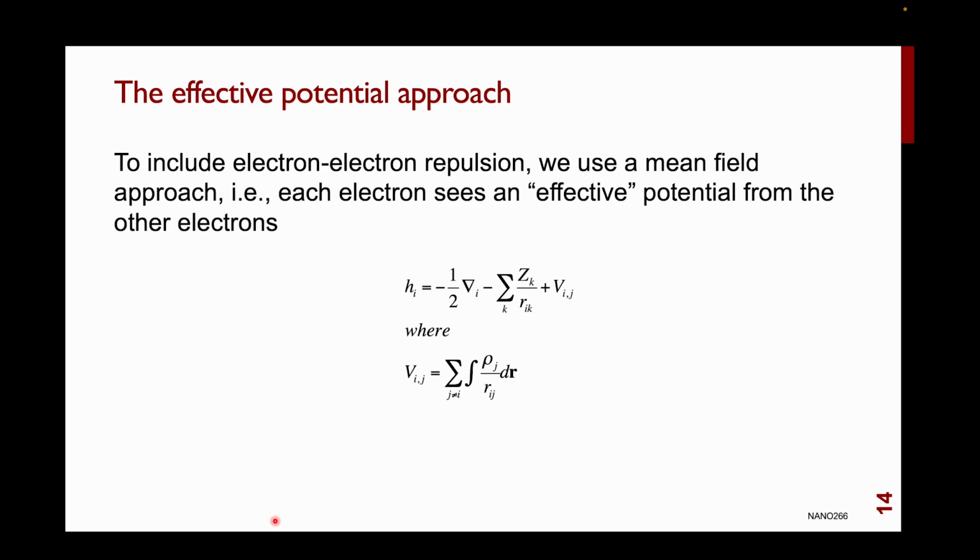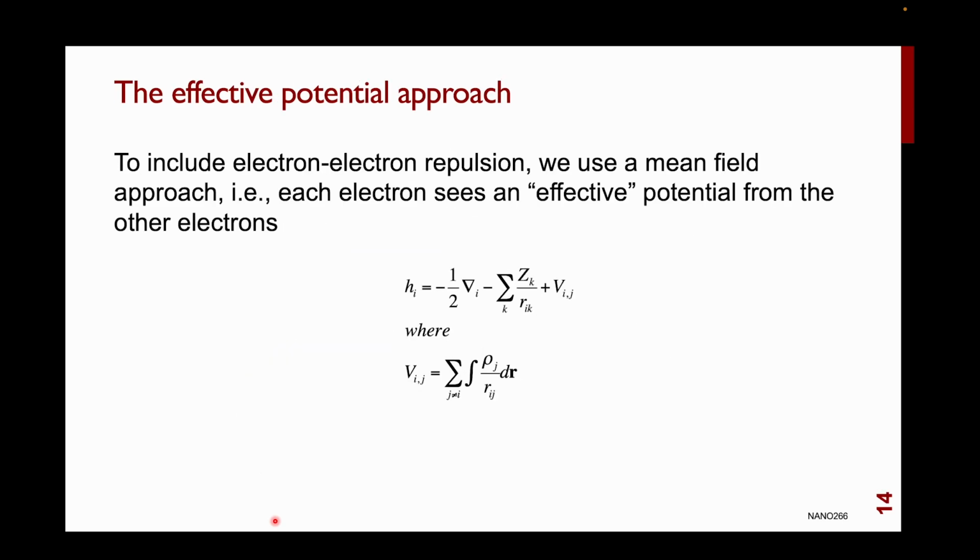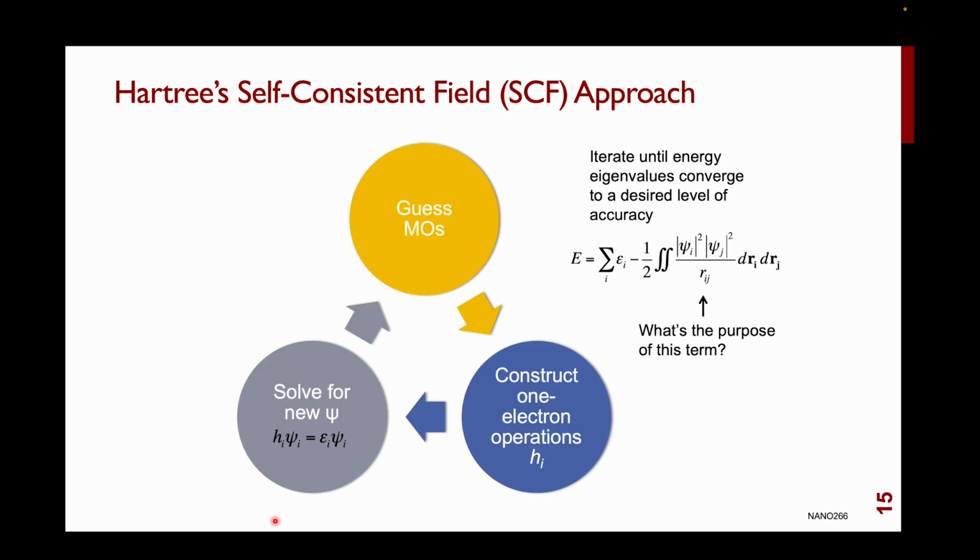In other words, we think of all the other electrons as an electron cloud, and we think of the interaction of our electron with that mean field. By plugging this in, and treating our one-electron wave function as this, we now effectively have a separable Hartree-Product equation, which we can then solve using our Hartree-Fock approach.